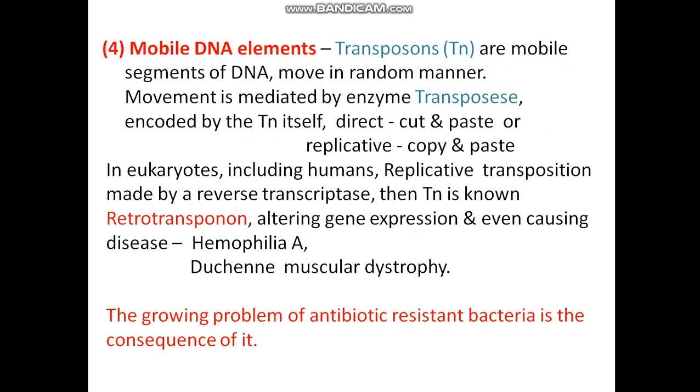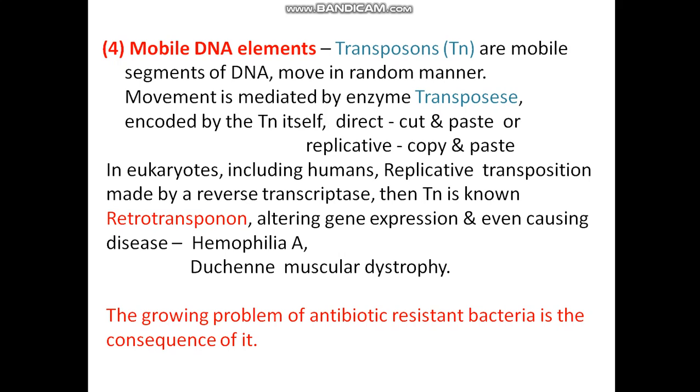Mobile DNA elements. Transposons are mobile segments of DNA, and their movement is mediated by the enzyme transposase, which is encoded by the DNA itself. When they move directly, it is cut and paste. When they move in a replicative manner, it is copy and paste.